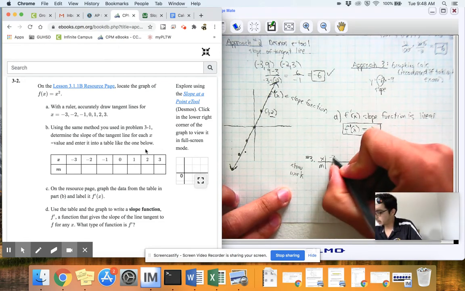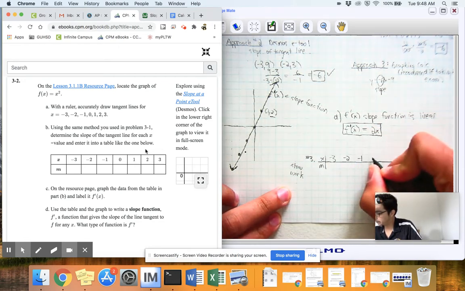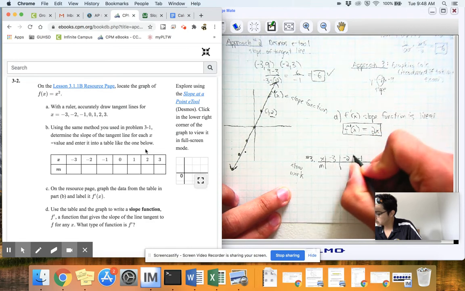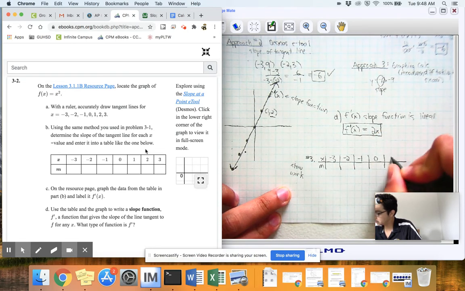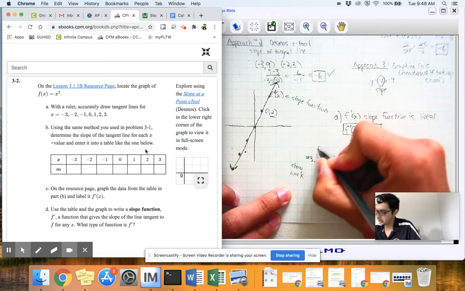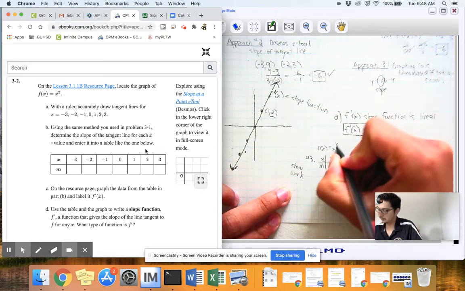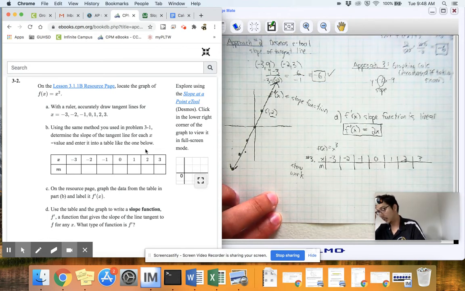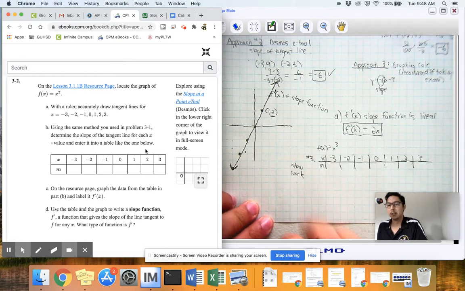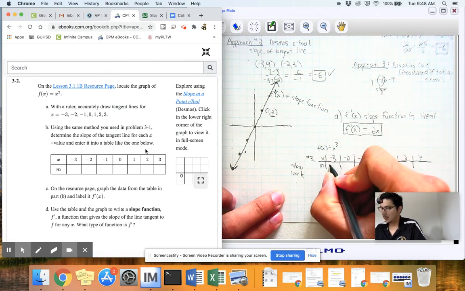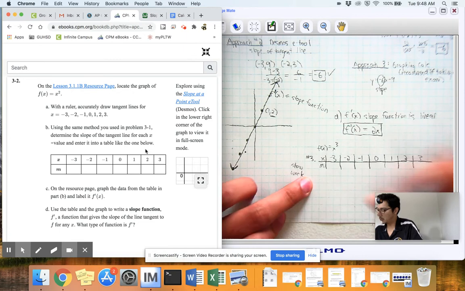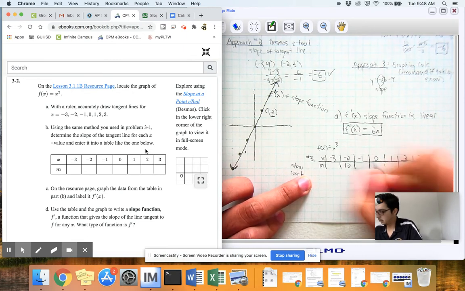But what you should get for -3, and this function is x to the third, is -27, -12, -3, 0, 3, and 12.